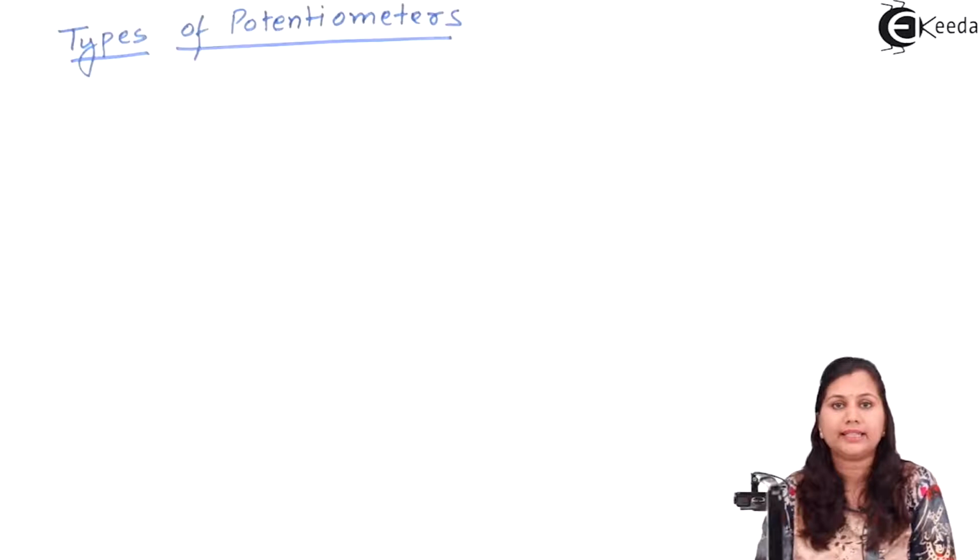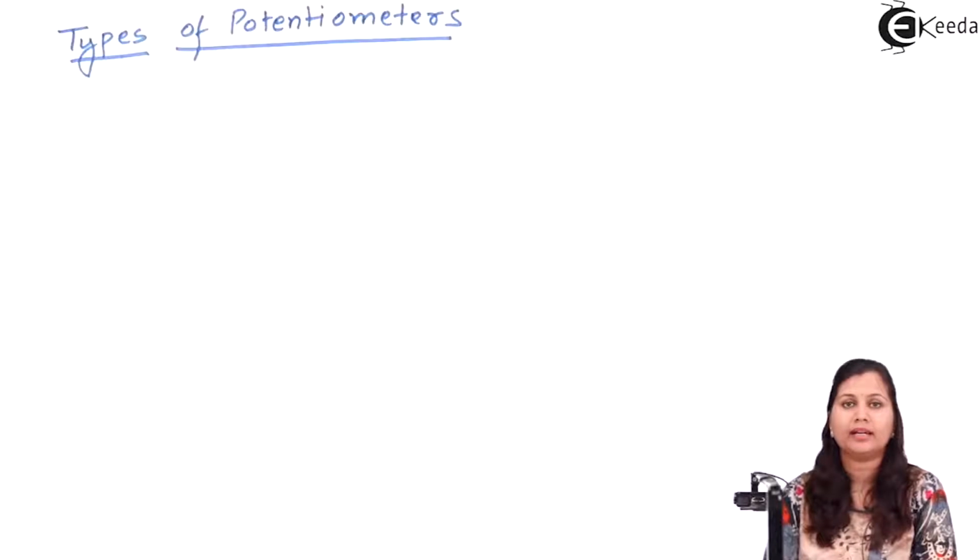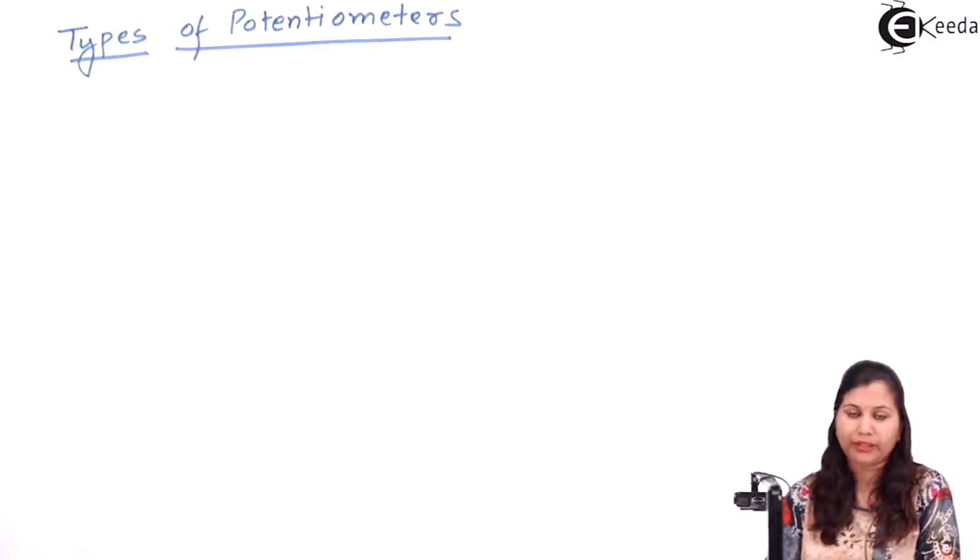As we have studied, the potentiometer converts the mechanical energy into the electrical energy, and the mechanical energy is in the form of a displacement, and that displacement can be either linear or rotational. So on the basis of that mechanical energy, that is whether the displacement is linear or rotational, the potentiometers are of two types.